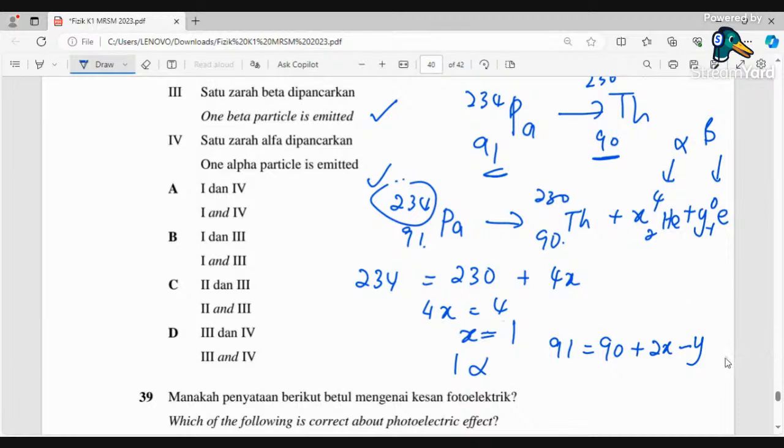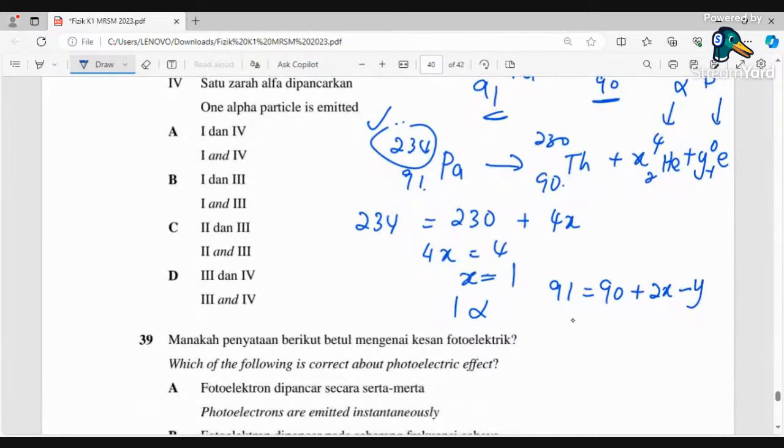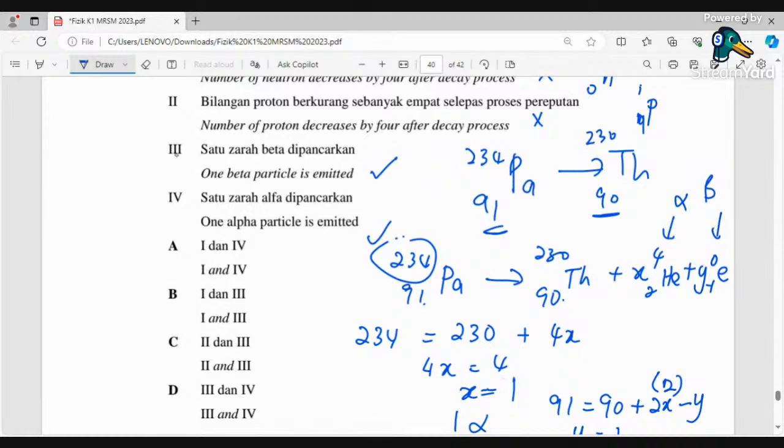X ialah 1. So you dapat y ialah 2 times 1, 2, 92. So 92 minus 91 also 1. Maksudnya 1 beta. So you ada 1 alpha and 1 beta. Jawapan B.